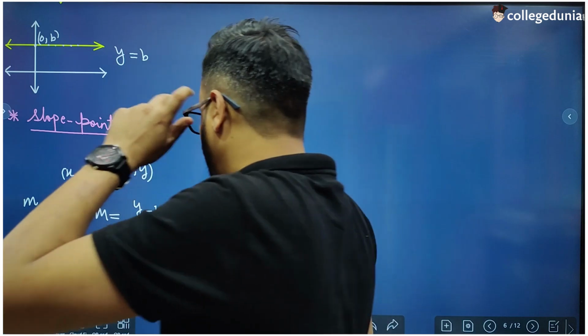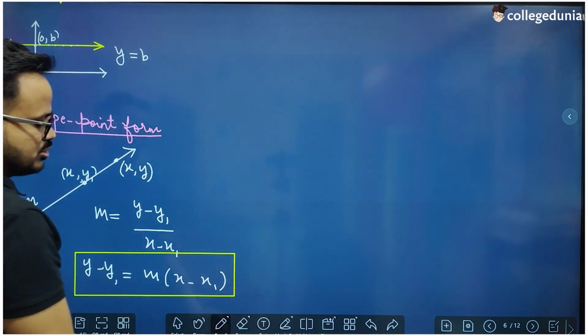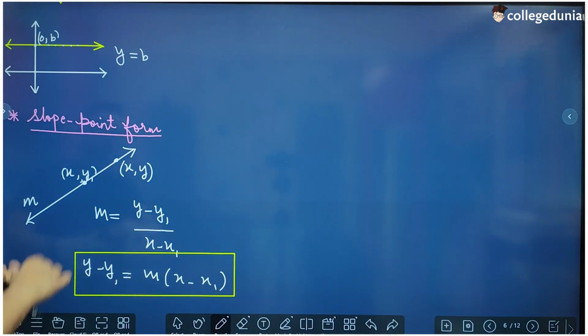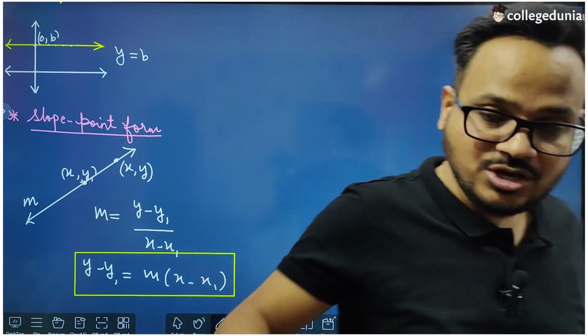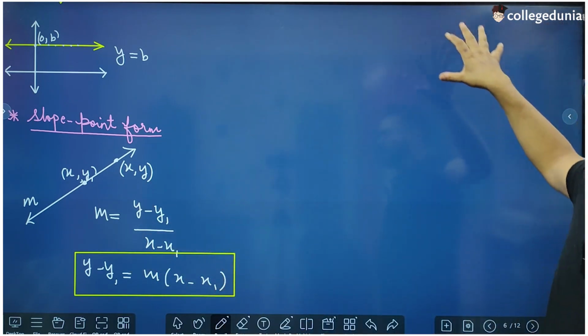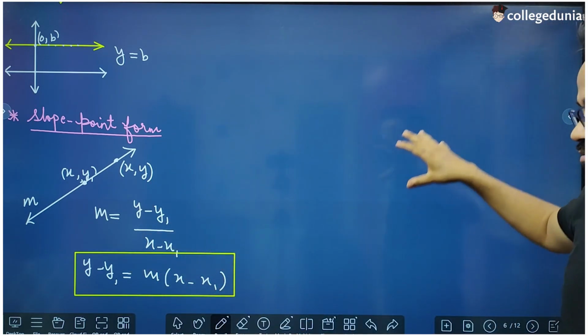Now we are going to study many other forms also, but always remember this is the only form of the equation of a line. In all other forms we have used this form to find the equation.